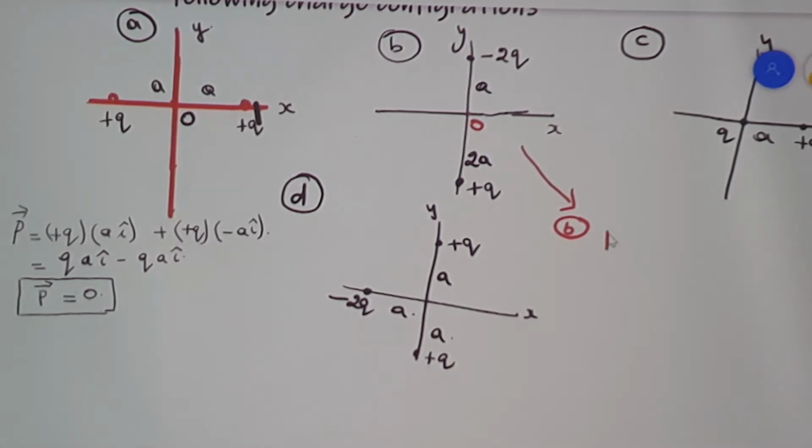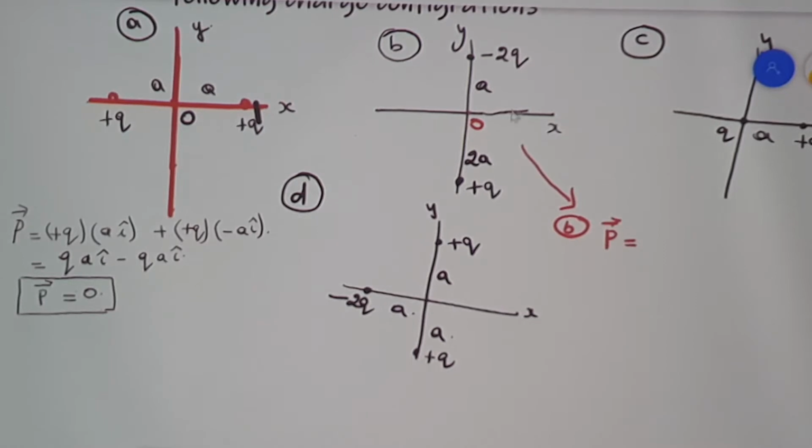Again the same concept: p vector is equal to, along the positive side I have the charge minus 2q multiplied with the distance, which is a, along the positive y-axis, so j cap.